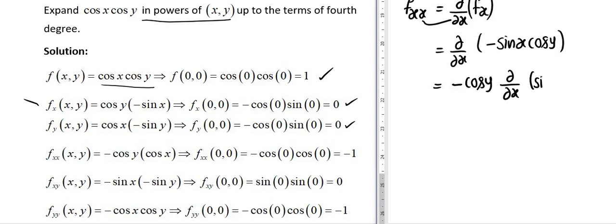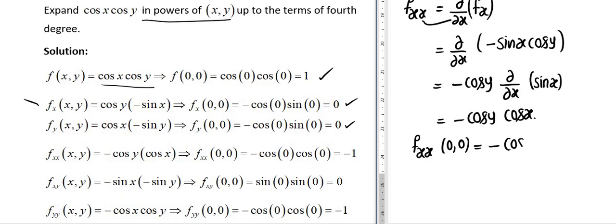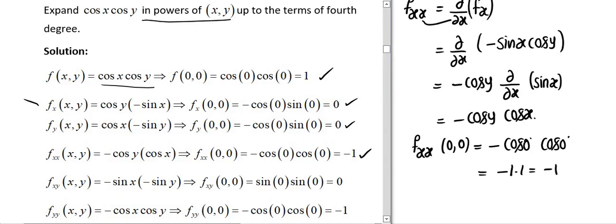Inside the differentiation I am keeping sin x only. Sin x differentiation is cos x. So fxx value is minus cos y into cos x. Now we find fxx at 0, 0. That is minus cos 0 into cos 0. So minus 1 into 1 is minus 1. So fxx value is minus 1.